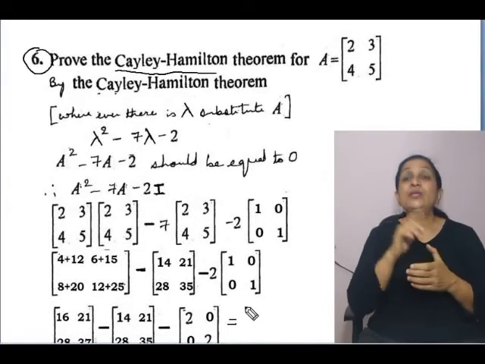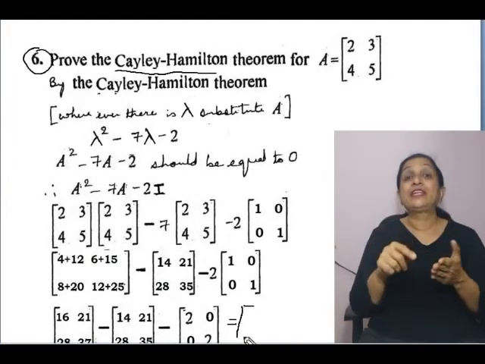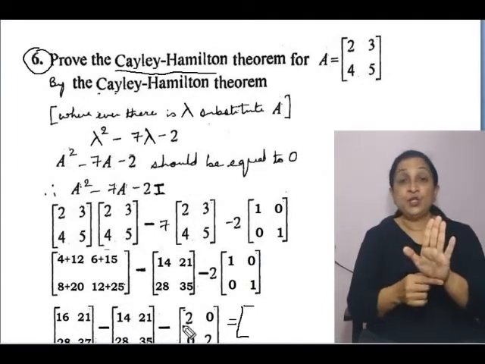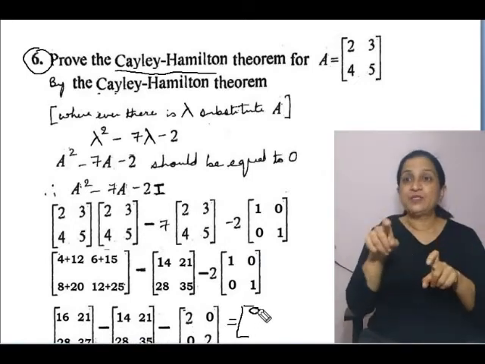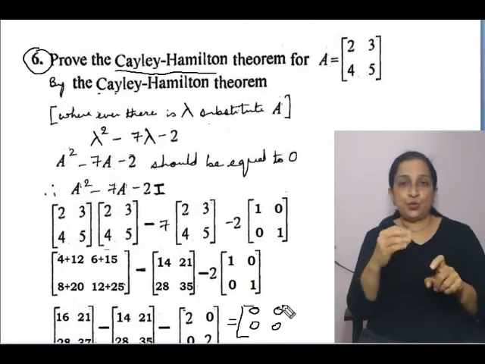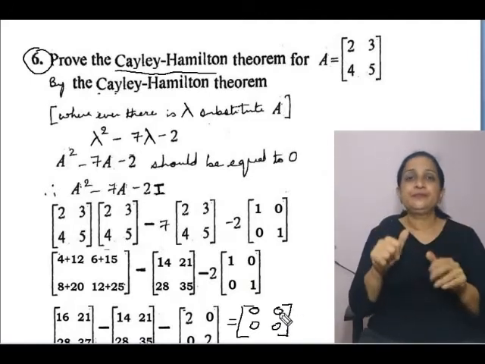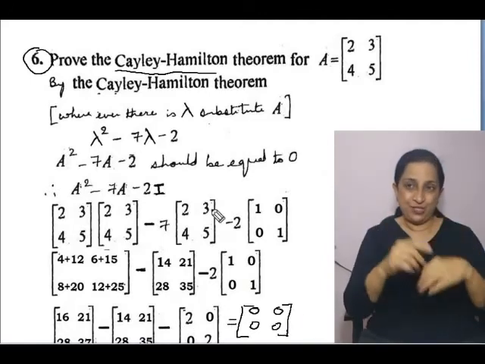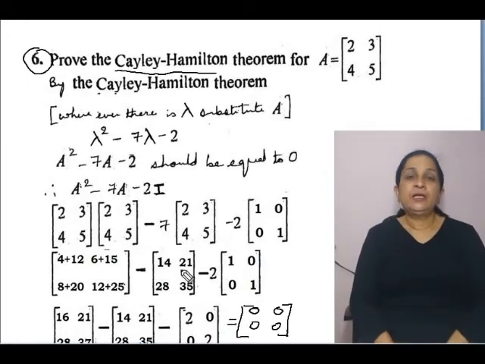To prove Cayley Hamilton, the value of these matrices should be equal to another matrix which is 0 0. If we prove that, then the Cayley Hamilton theorem holds good.